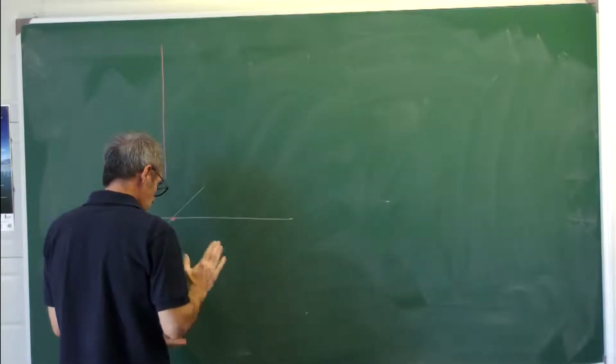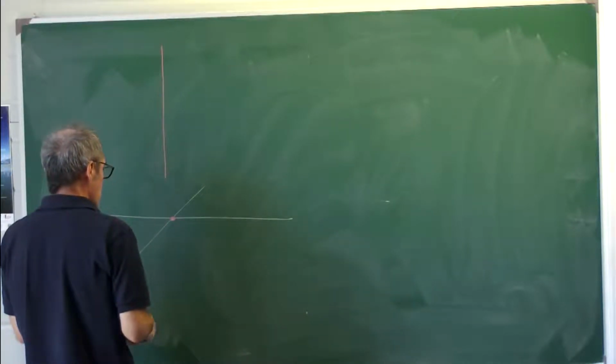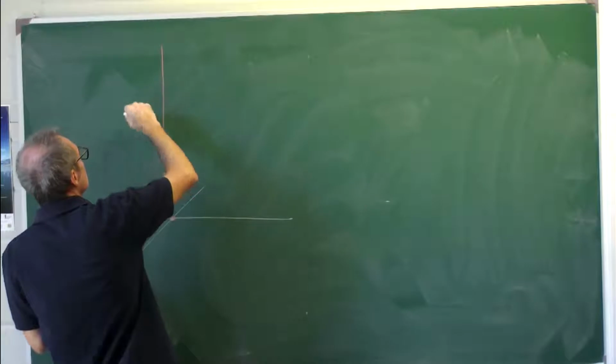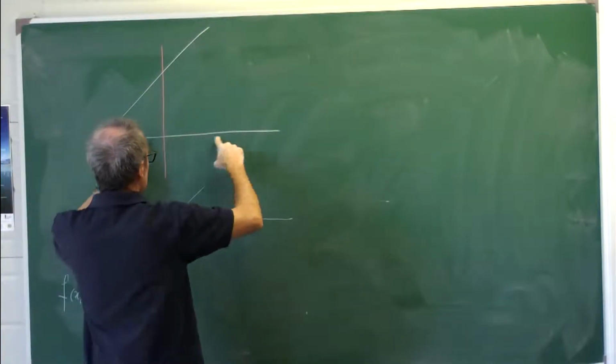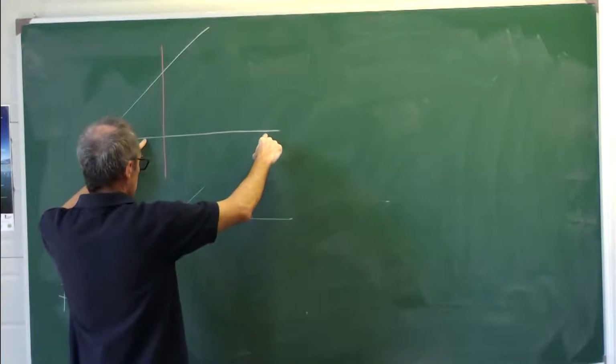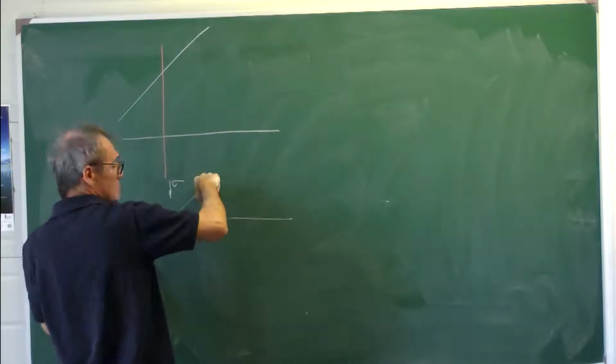I stay with white. So here I have one component, and this line is a preimage by sigma of this one, and this one of this one. Okay.